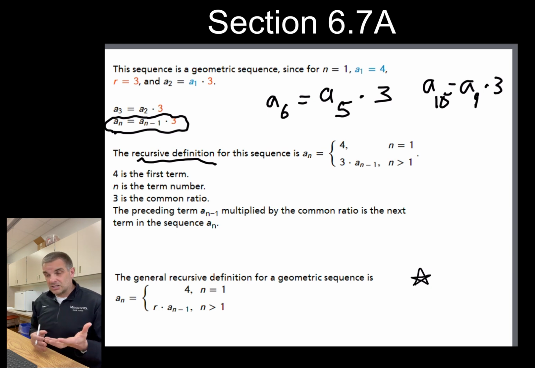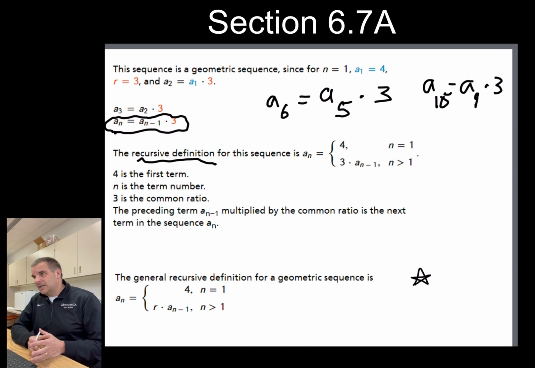And again, this is a recursive formula. In a recursive formula, you can only find the next one in the sequence if you know the previous one. You can't find all of them.